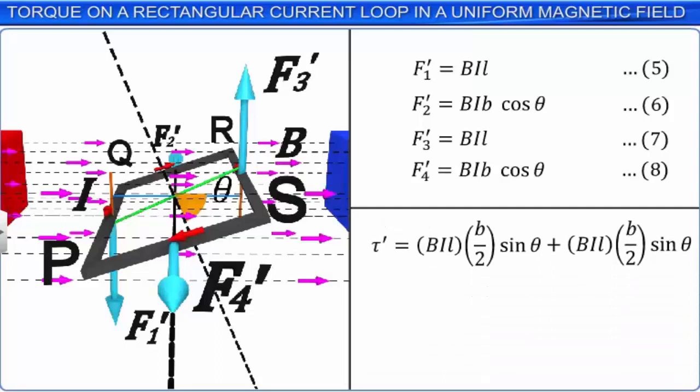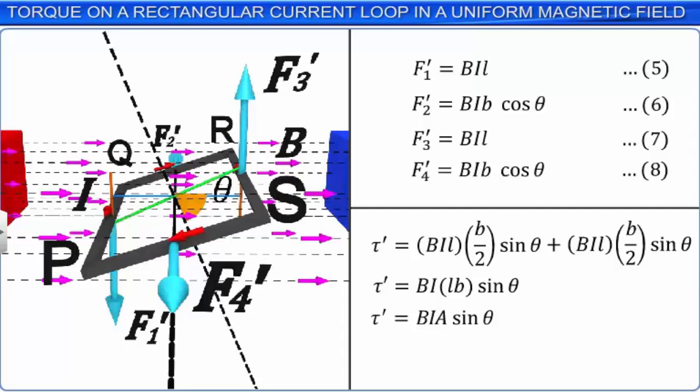Replacing L into b with area of the loop A, the torque on the loop τ' is equal to BIA sin theta. So far, we have learnt about the torque on a current-carrying rectangular loop placed in an external uniform magnetic field, in the case where the area vector makes an angle other than 90 degrees with the direction of the magnetic field.